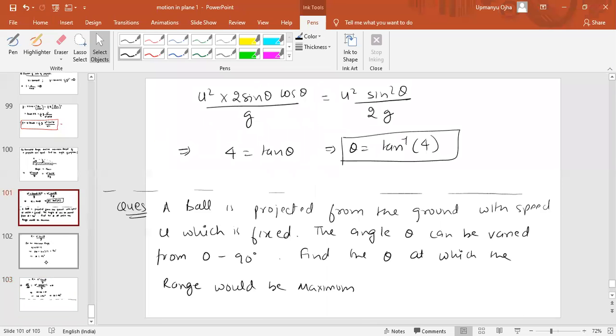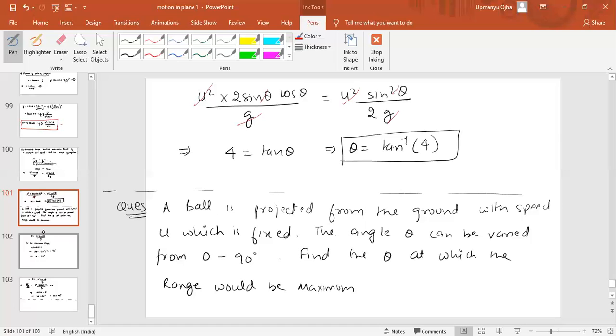See, that is very simple. You take 2 to this side, it becomes 4. One sin theta will cancel out. Sin and cos will go here. It becomes tan theta. Simple mathematics. We can substitute this now. G gets cancelled out. One sine and one sine will get cancelled out. Cross multiply, you get 4 here.